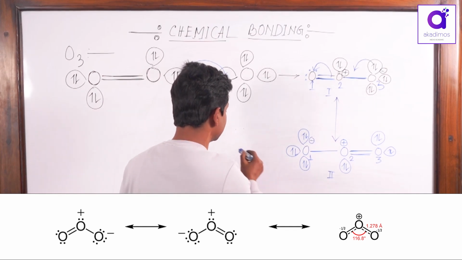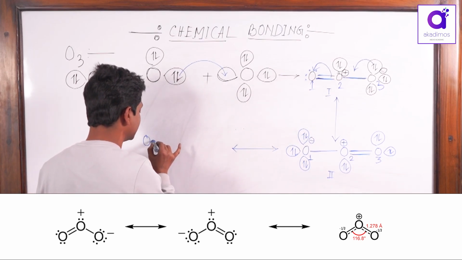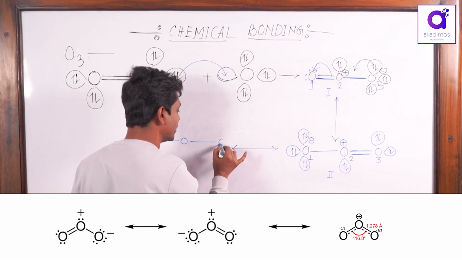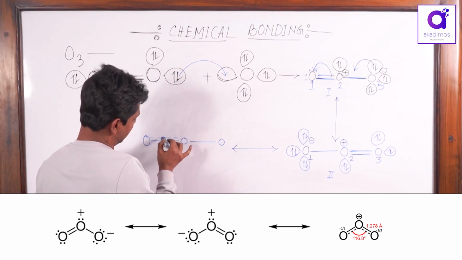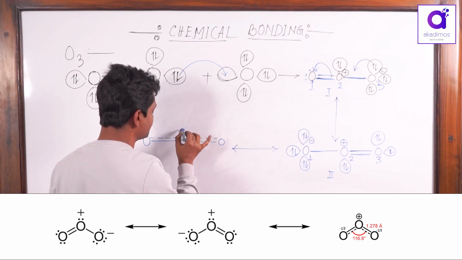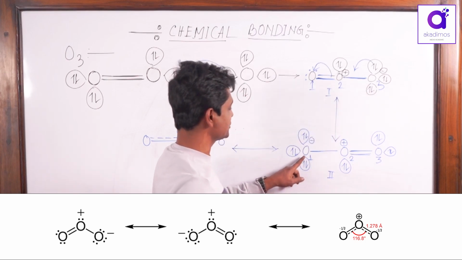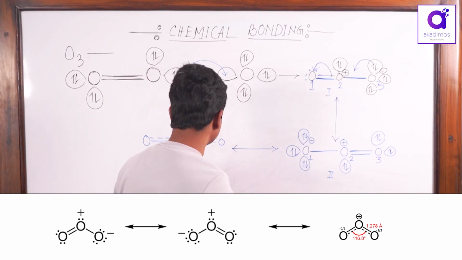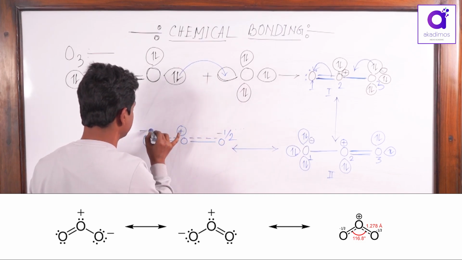That means for the resonance hybrid, if I draw it, this is O single bond, O single bond, O. Actually, the bond is 50% pi, so make it a dot. Dot means 50%. The middle oxygen is always plus, but the minus is shared 50% on oxygen 3 and 50% on oxygen 1, so minus half and minus half.